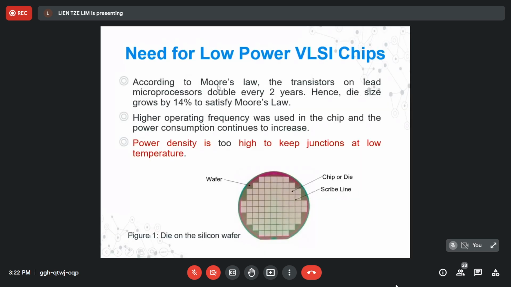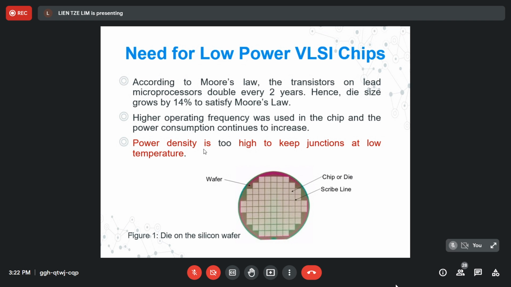According to Moore's law, the transistors on a leading microprocessor double every 2 years. Hence, the die size grows by 14% to satisfy Moore's law. Higher operating frequency is used in the chip and the power dissipation continues to increase. Power density is too high to keep the junctions at low temperature.